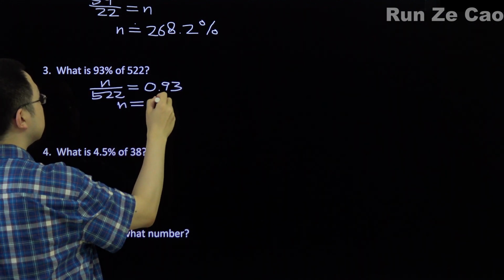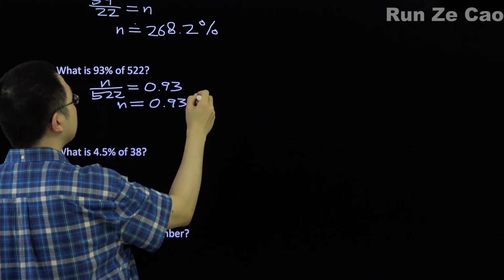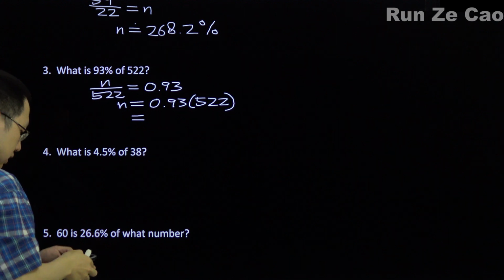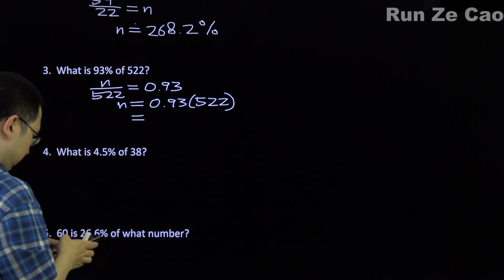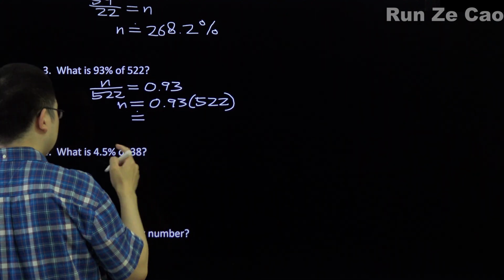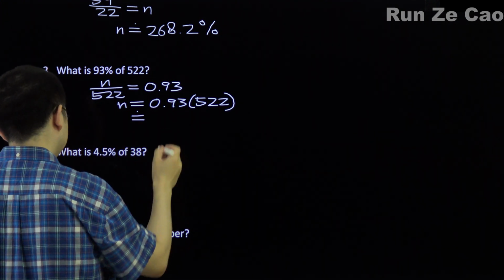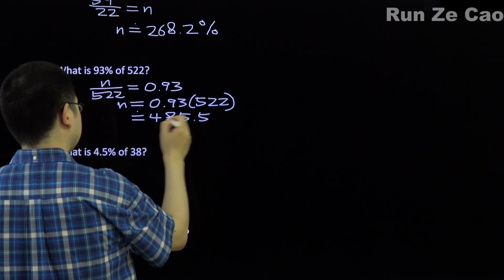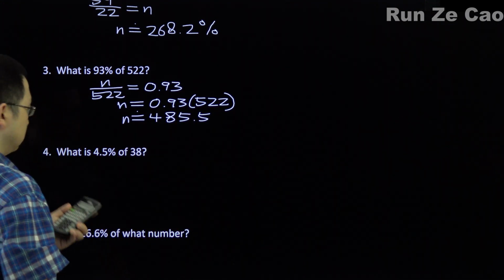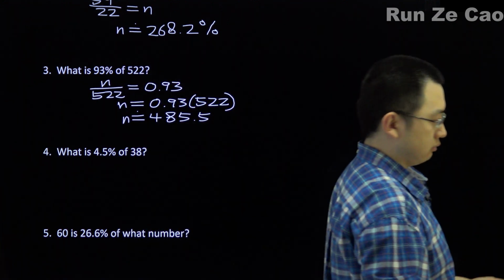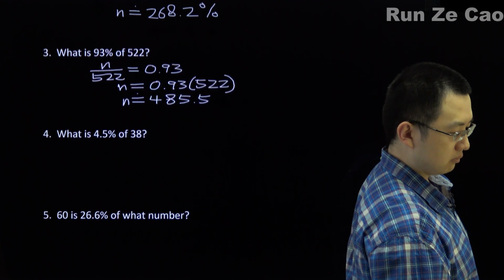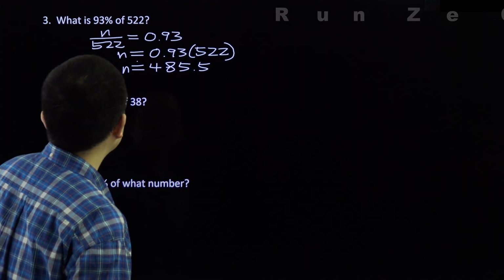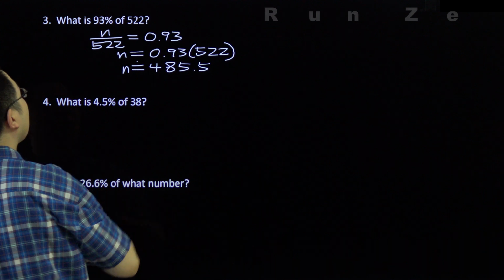Oh well. 0.93 times 522 gives us 522 times 0.93. It's approximately, because it's rounded to the nearest tenth, 485.5. Well, actually it's 485.46, but it said round to the nearest tenth, even though this is not so long a decimal.